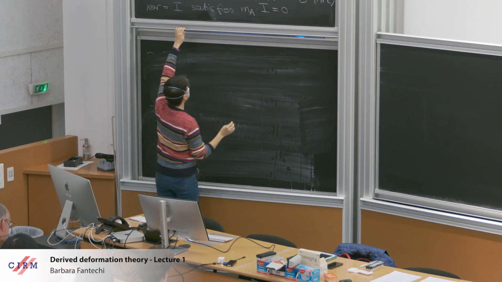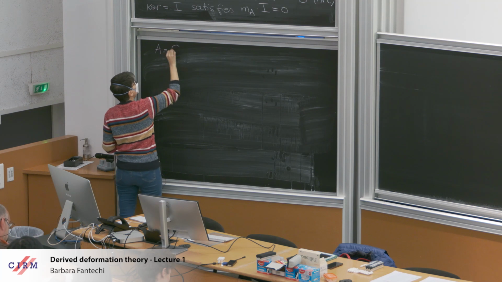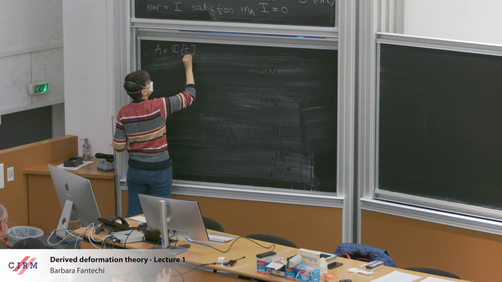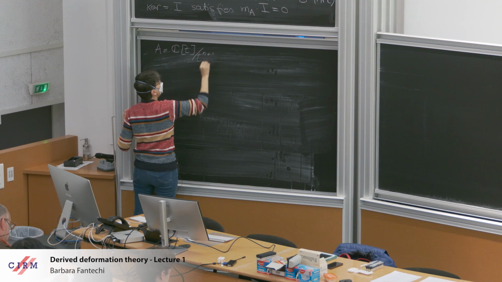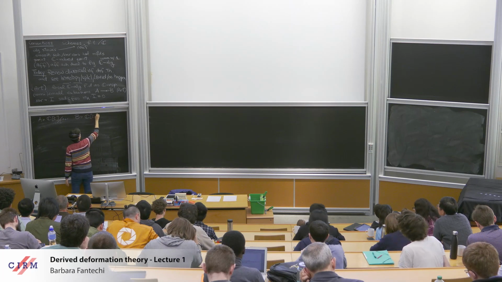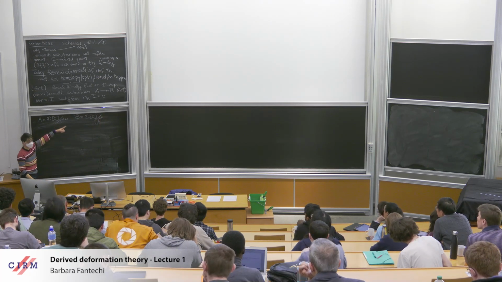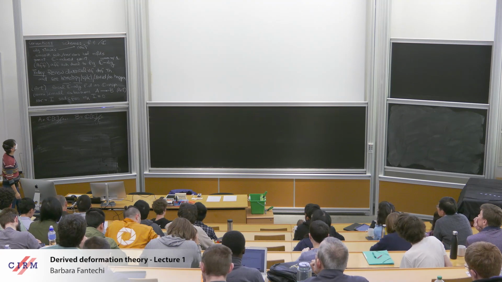And if you have never seen this, let me give you an example. You can take A equal to C[t] modulo t to the n plus 1, and B equal to C[t] modulo t to the n, and the map is the map that sends t to t.